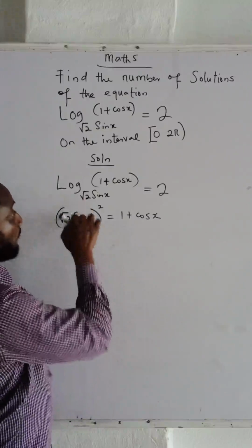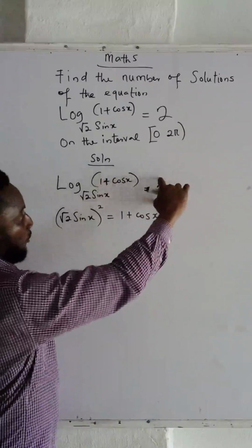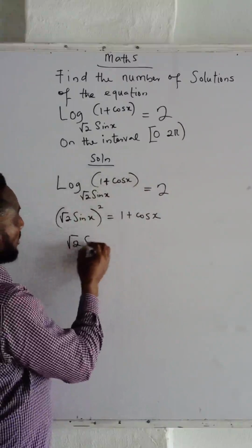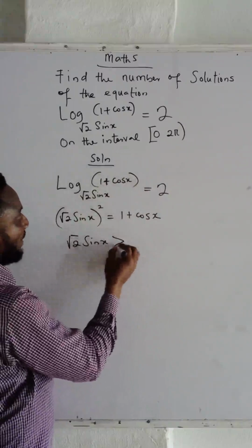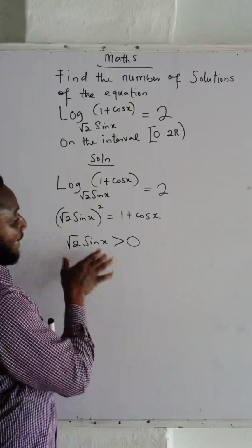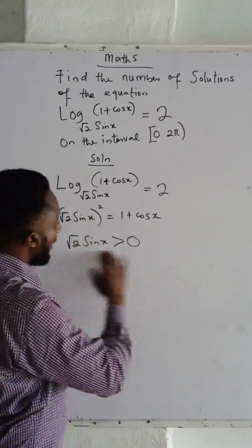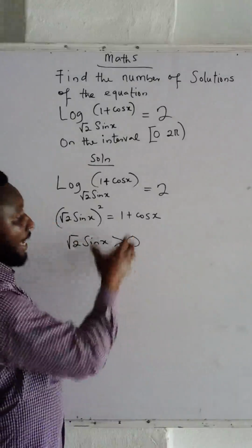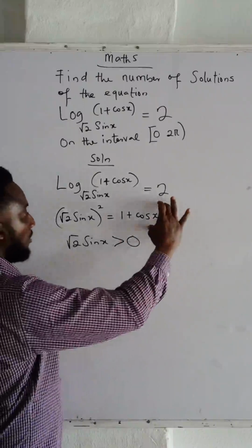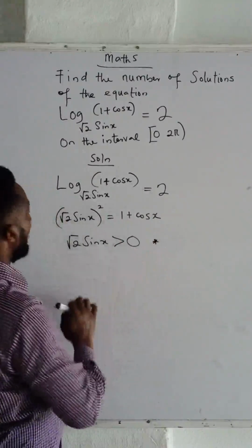So for this equation to be valid in the log form and in the exponential form, root 2 sine of angle x must be greater than 0. So at the end of the day, after solving the equations for x, we shall test for extraneous solutions and narrow our options down. So back to this problem. This is the domain. At the end of the problem, we shall record this back again.